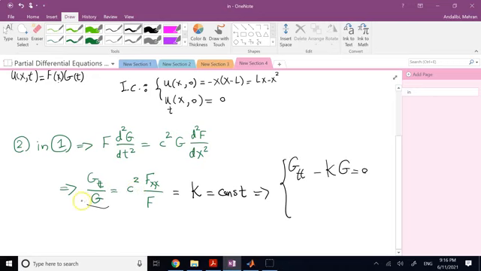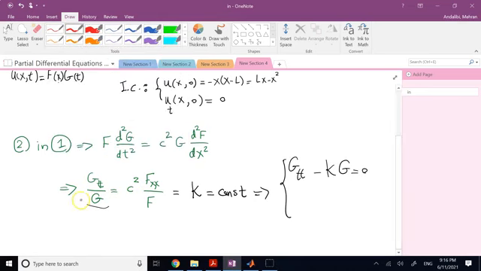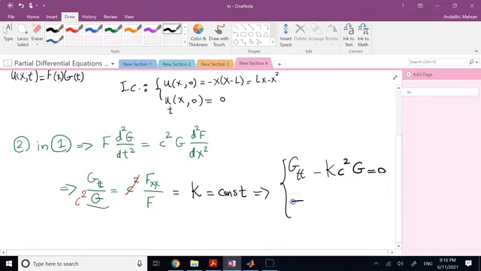So one other thing you can do is bring that c squared here. That's the same thing, it's not going to change anything really. If you want, you can bring that c squared here and get rid of that. So now it is going to be g_tt minus k times c squared times g equals 0, and then f_xx minus k times f is equal to 0.